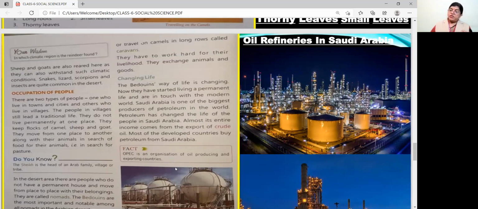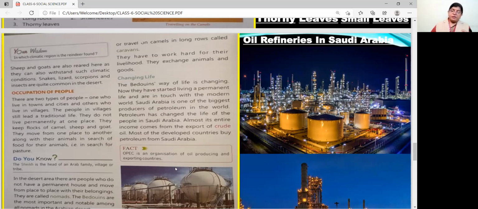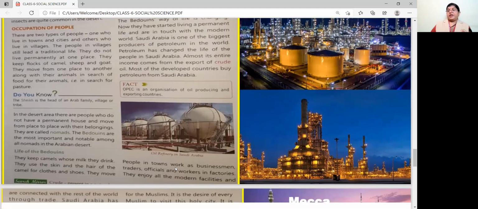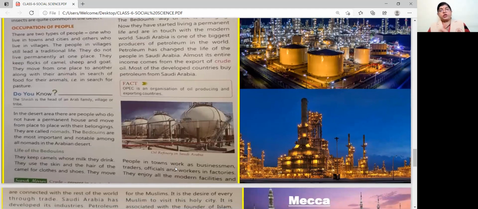So now the Bedouins' life has changed. They have started living a permanent life. Now, I told you about occupational people. Two types of people are found there: one who lives in towns and cities, and the other who lives in villages. First we discussed the people living in villages. Now second, people living in towns and cities.